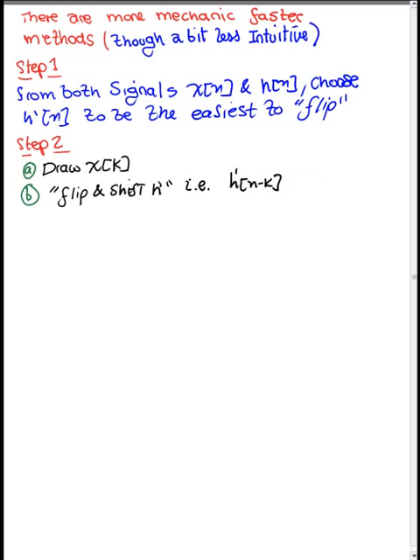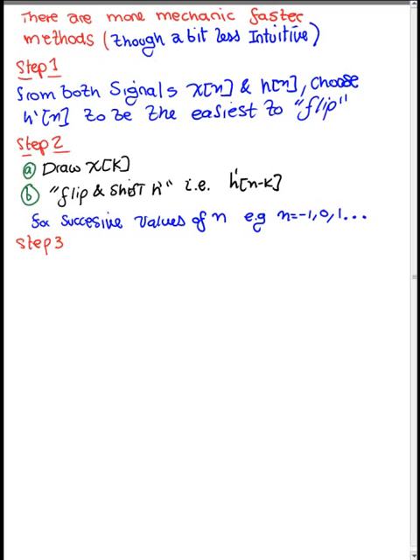And this is done for successive values of n. For example, you're going to take n equal to -1, then go to 0, then go to 1. And if you can't figure out the pattern, then probably you keep going until you see the pattern and figure out what the output should look like.